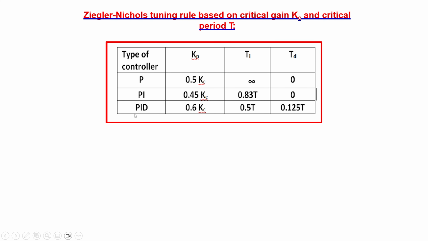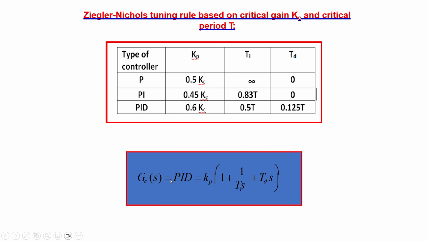For the PID controller, Kp is 0.6 Kc, Ti will be 0.5 T and Td is 0.125 T. And the controller transfer function is given as Kp into 1 plus 1 by Ti of S plus Td of S.